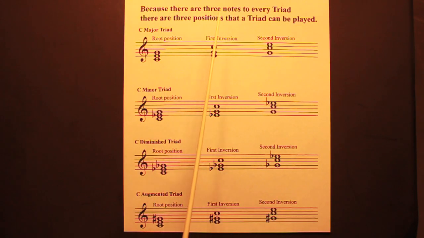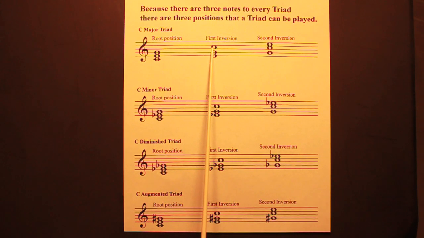Because there are 3 notes to every triad, there are 3 positions that a triad can be played. We'll use C major as our example. Now you remember, the root is on the bottom, third in the middle, fifth on top. That's root position. Now let's take the root and put that on top.